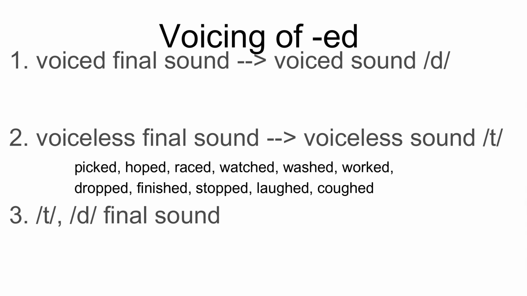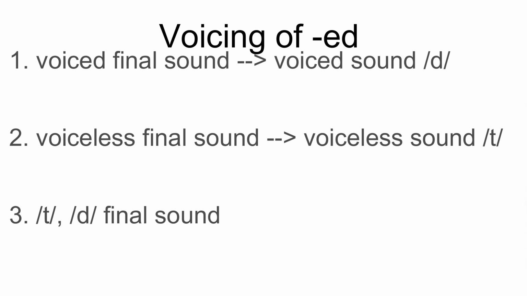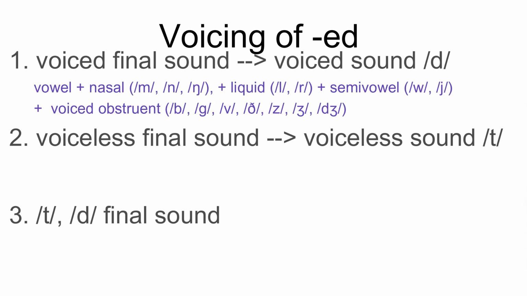If the verb base ends in a voiced sound except for d, then the ed ending sounds like d. So, to have the sound d, the word should end with a vowel sound, a nasal n, a liquid l, r, a semivowel w, y, or a voiced obstruent b, g, v, th, z, zh, j.